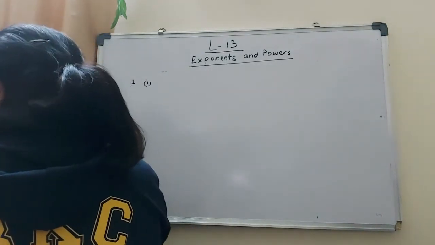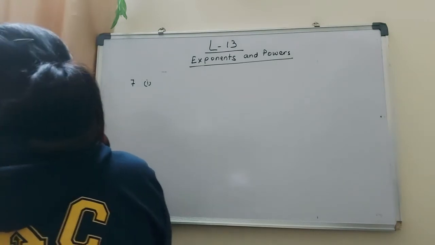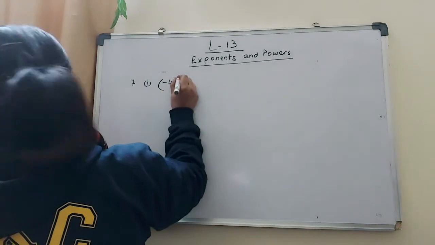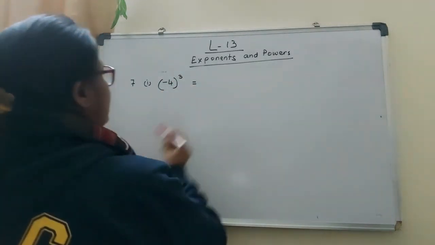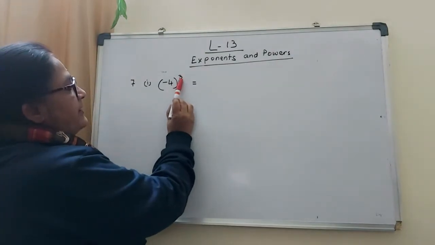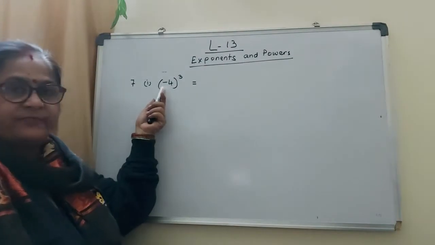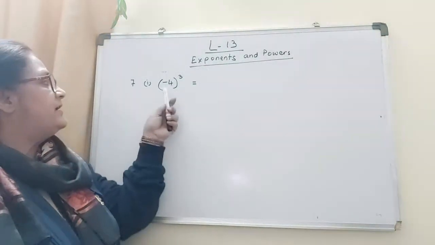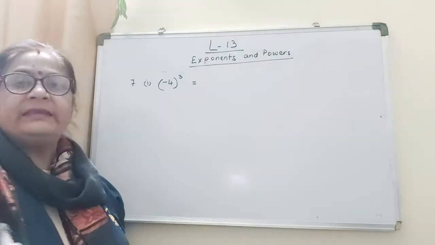The first one is -4 raised to the power of 3. Now tell me, is 3 an odd power? This is a negative base raised to an odd power. If it is raised to an odd power, the answer will be negative.